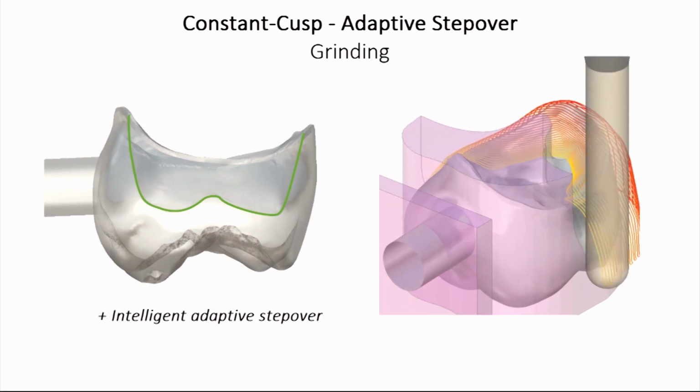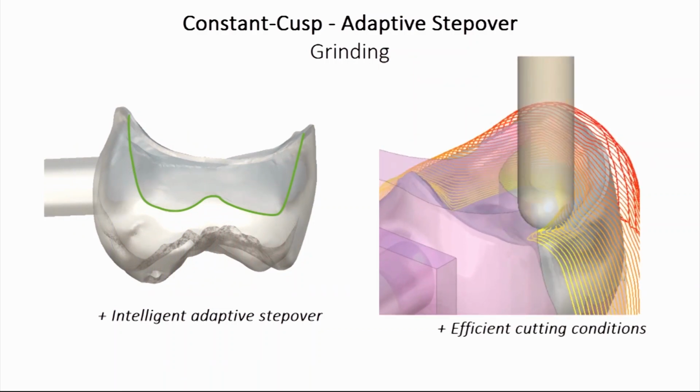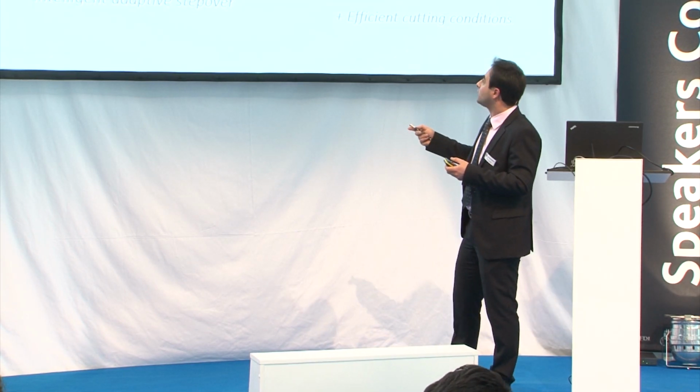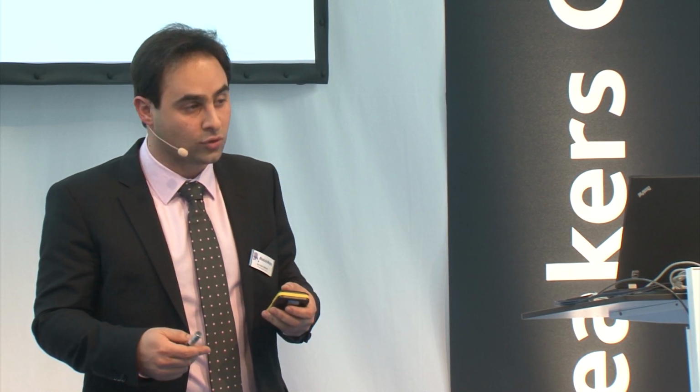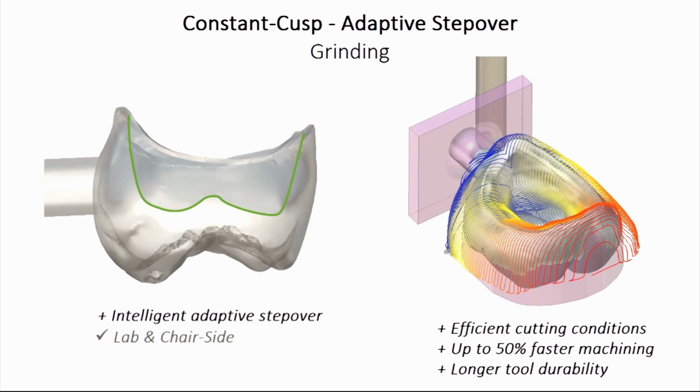We can see these smaller step overs here. Then once it reaches here, it goes back to the normal step overs, and once it is climbing up here, it knows that the amount of stock in front is not significant, and it is doing a swarf machining, so we will have a larger step overs here.